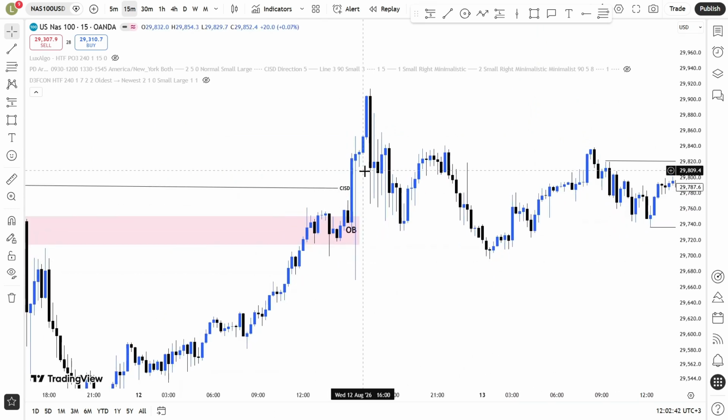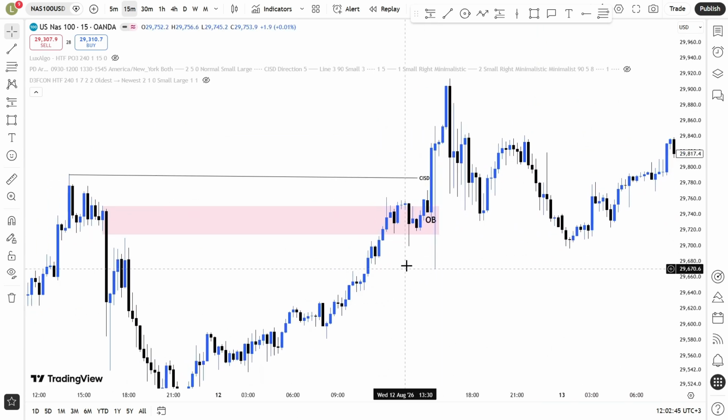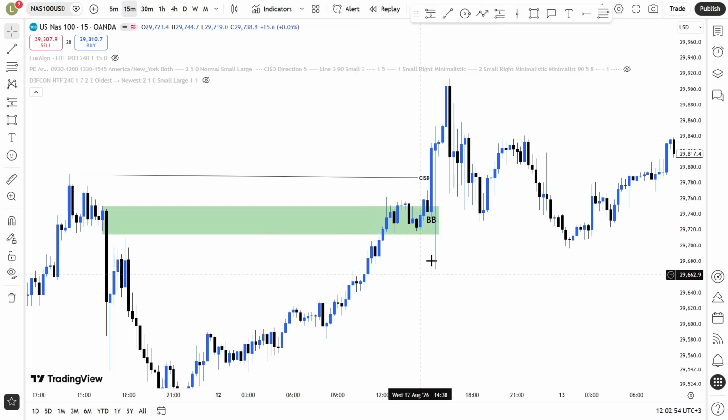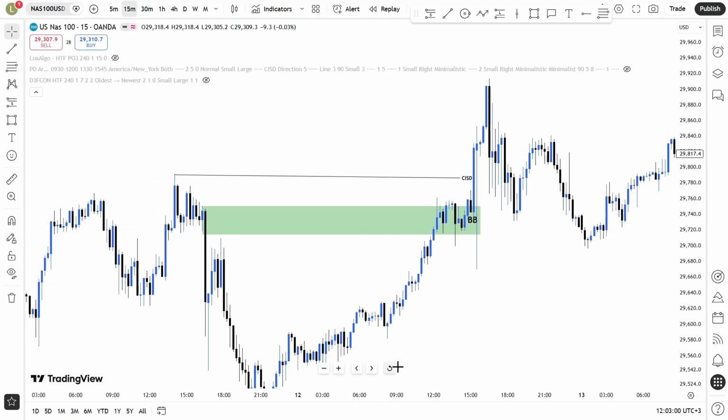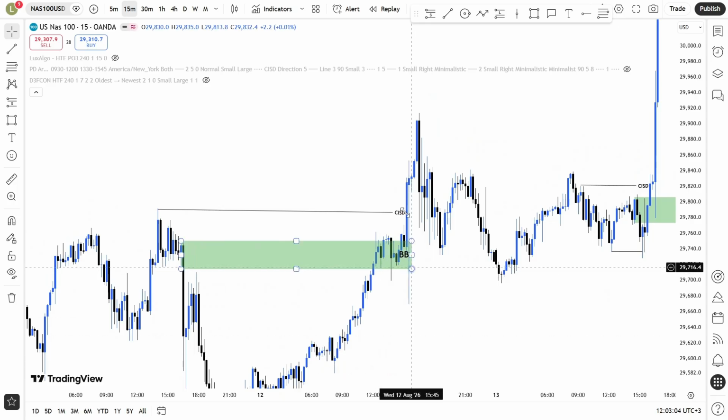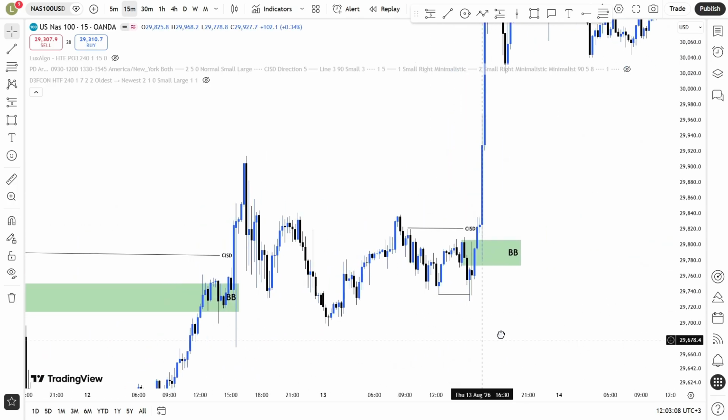When we close above this point here, this changes from being an order block to a breaker block. Now when it changes from an order block to a breaker block, price comes and retests into this zone and continues higher.